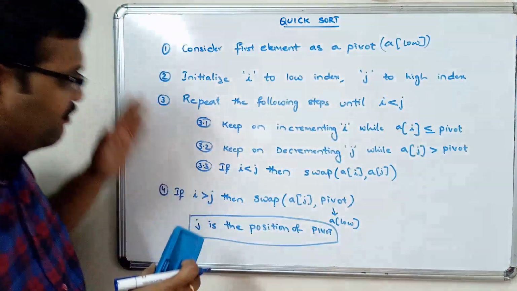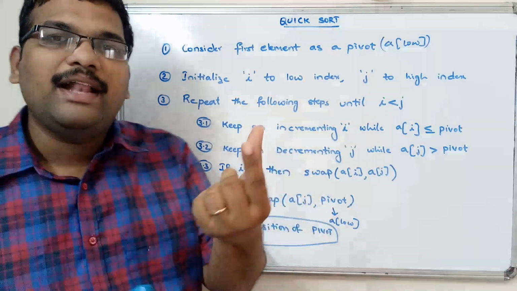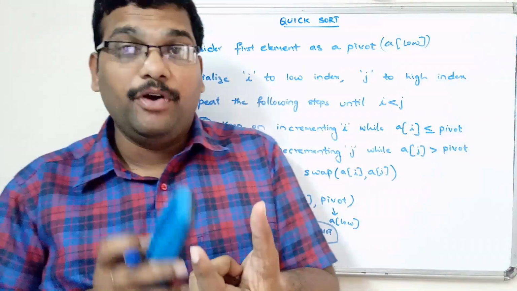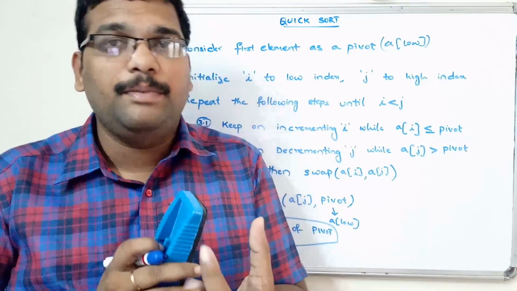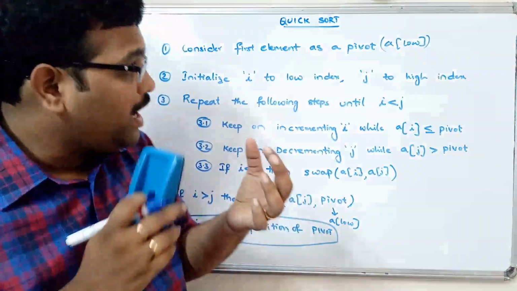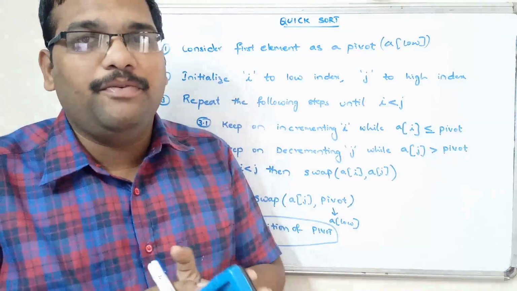So after completion of this, the pivot position will be fixed, right? Not the pivot value, the pivot position will be fixed. So we are supposed to find that position of the pivot.